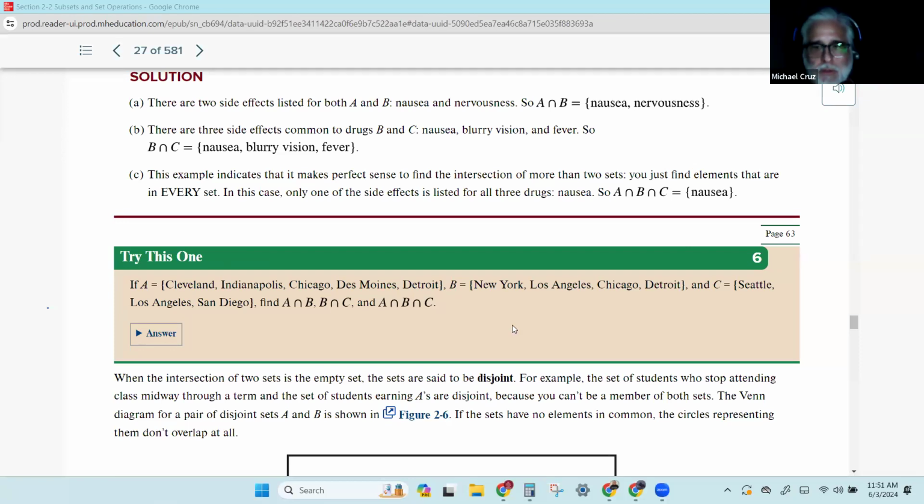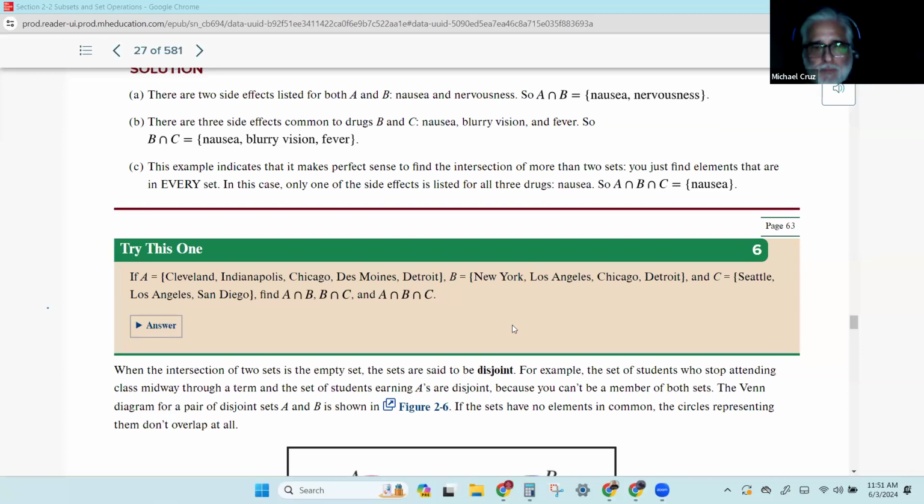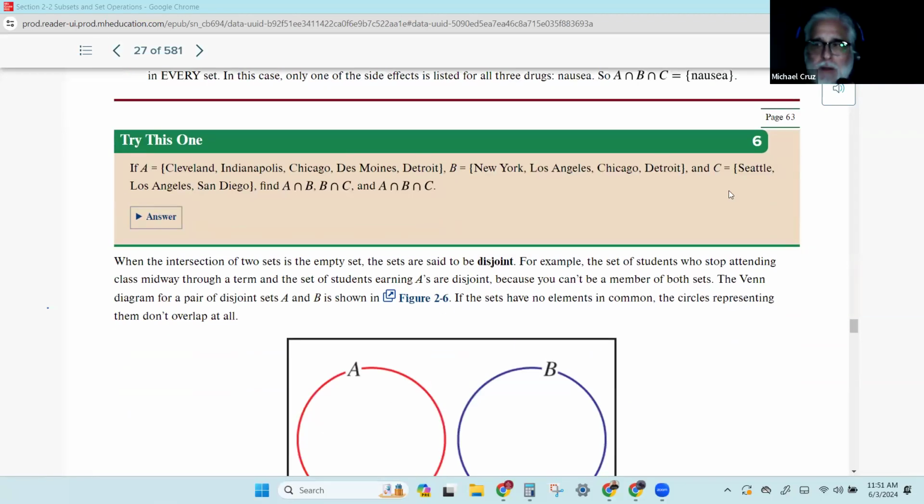We might as well do this one that they got here. All right, so they got set A, which is Cleveland, Indianapolis, Chicago, Des Moines, Detroit. And then B is New York, Los Angeles, Chicago, Detroit. And C is Seattle, Los Angeles, and San Diego.